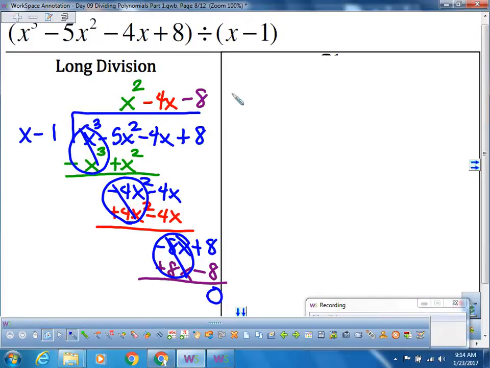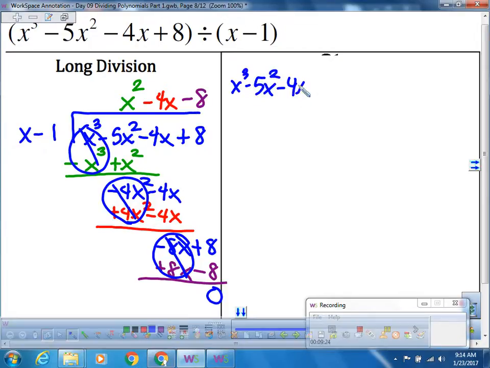So x cubed minus 5x squared minus 4x plus 8 is equivalent to x minus 1 times x squared minus 4x minus 8. Do you see that? This times this equals this. I basically factored it using long division.